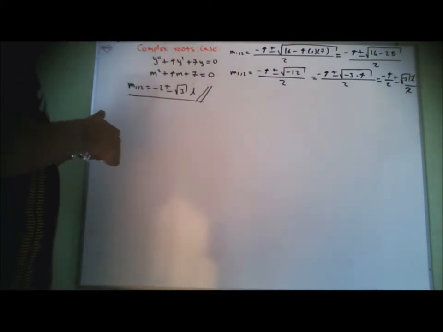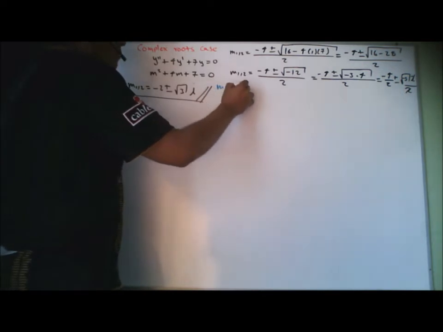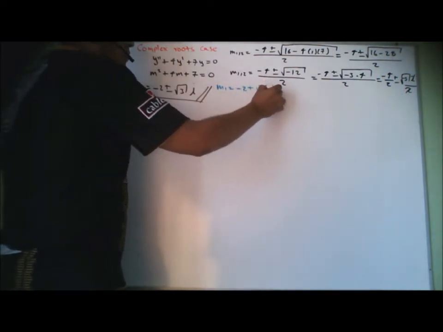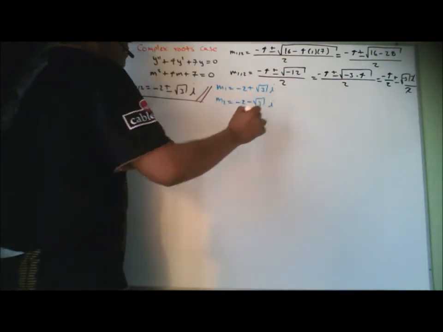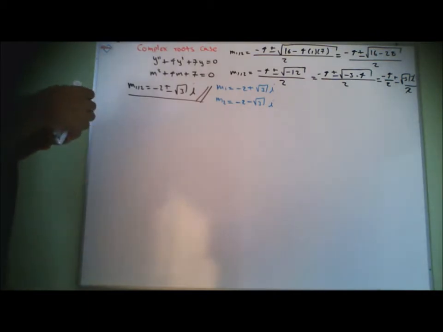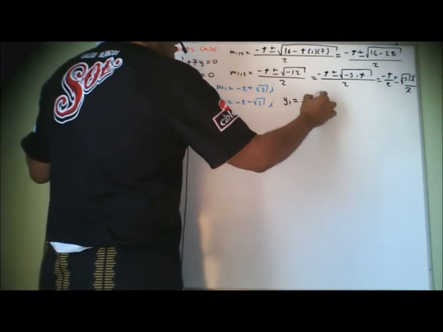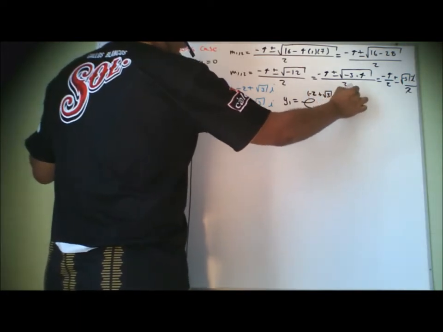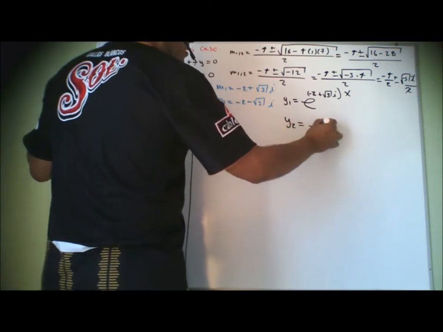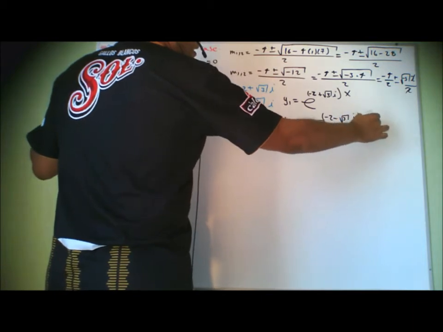So my roots will look like this. m1 is equal to minus 2 plus the square root of 3 i, and m2 is equal to minus 2 minus the square root of 3 i. Imaginary number. Okay, now the first solution then, what is the first solution? The first solution is going to be the exponential of minus 2 plus the square root of 3 i times x, and my second solution is going to be the exponential of minus 2 minus the square root of 3 i times x.